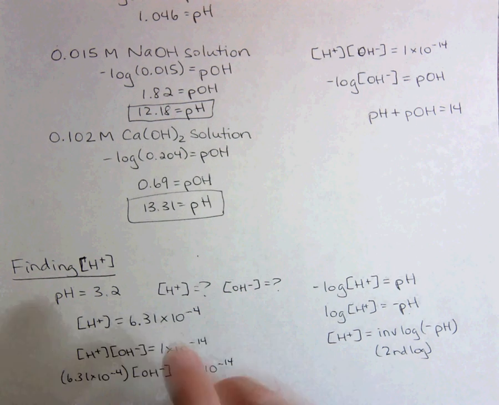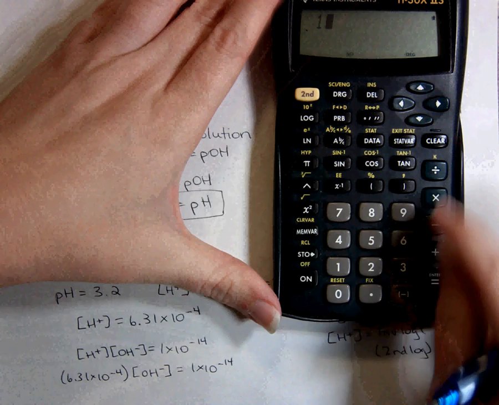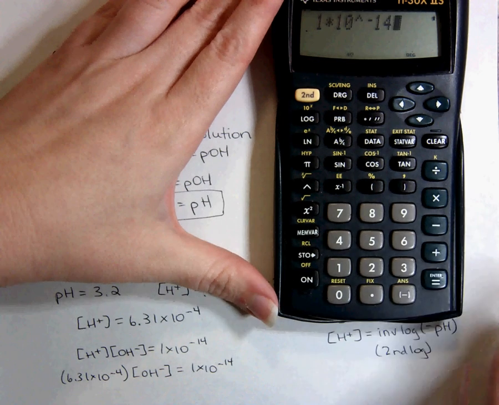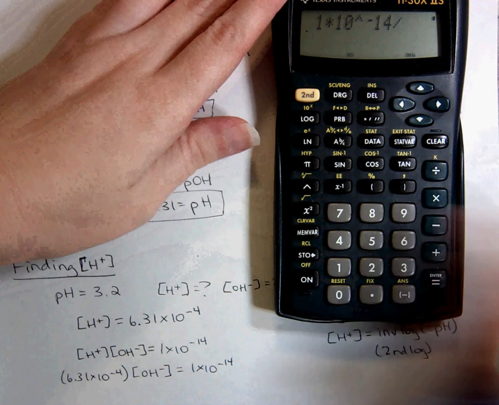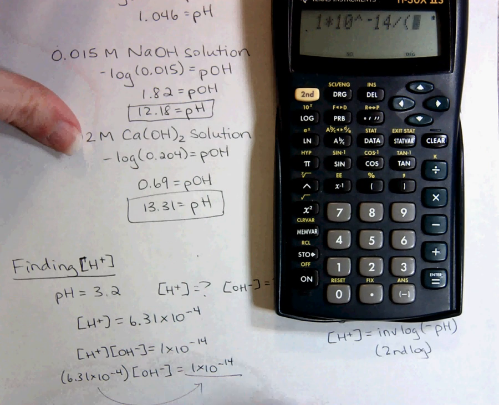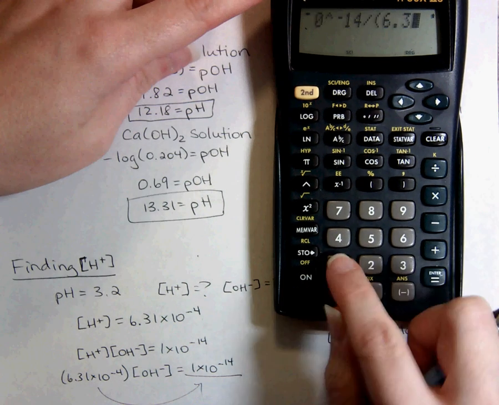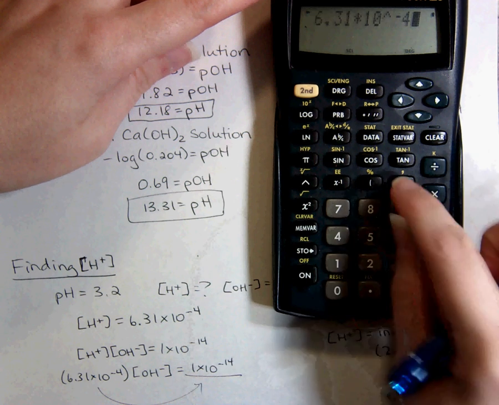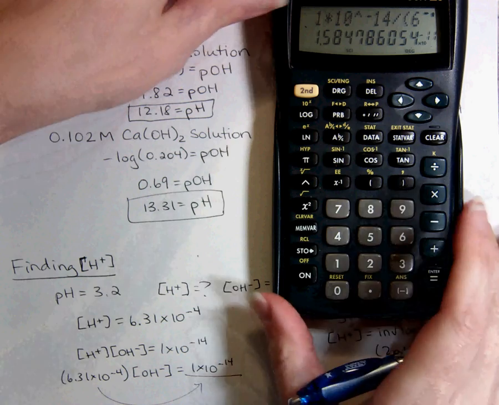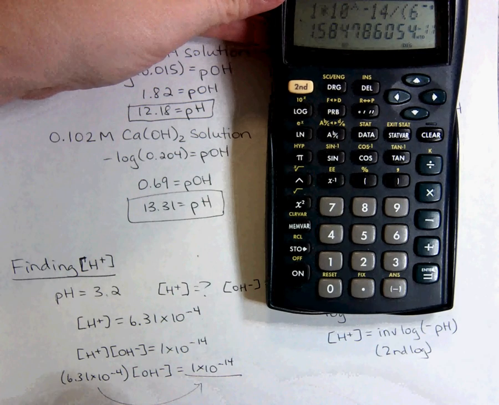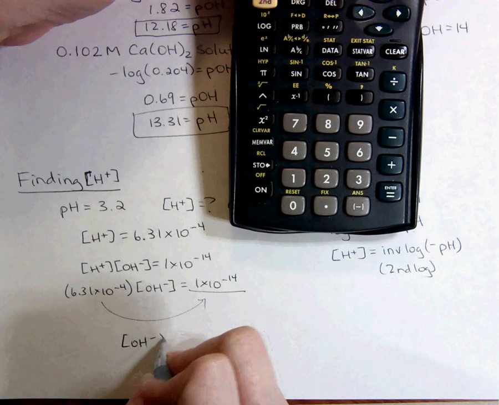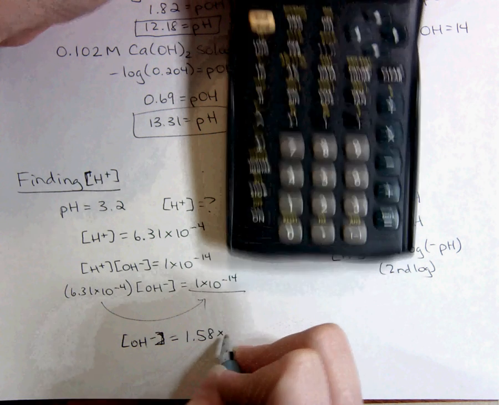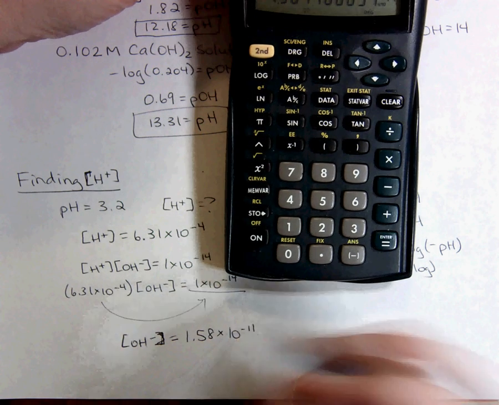So I'm going to take this, clear this, 1 times 10 to the power of negative 14, and then divide that by 6.31 times 10 to the negative 4th, and hit enter, and I get my OH negative concentration, which is 1.58 times 10 to the negative 11th.